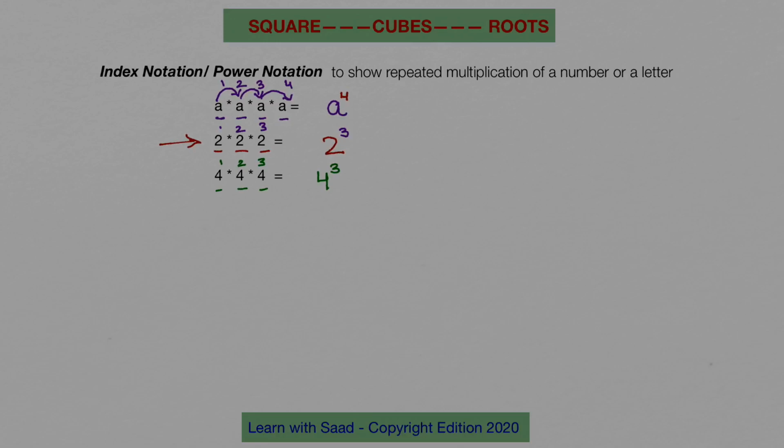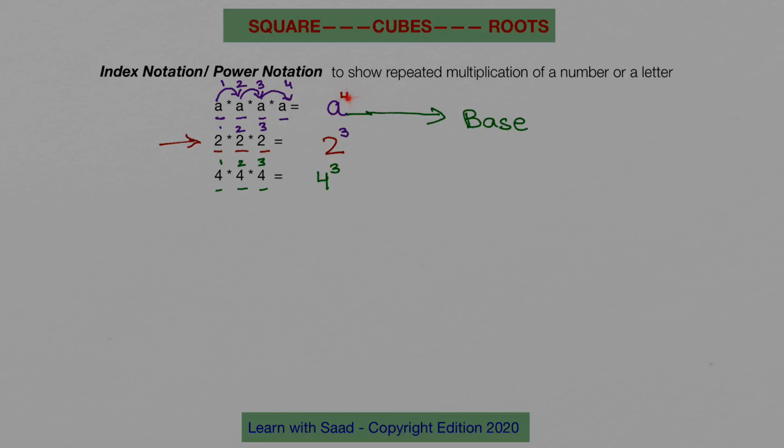So in the power notation or index notation, this large number we call the base, and the small number on the top is sometimes called the exponent, power or index.